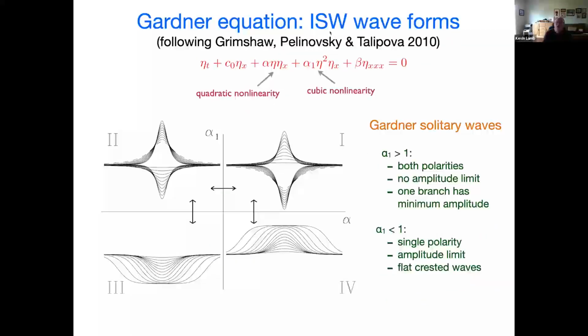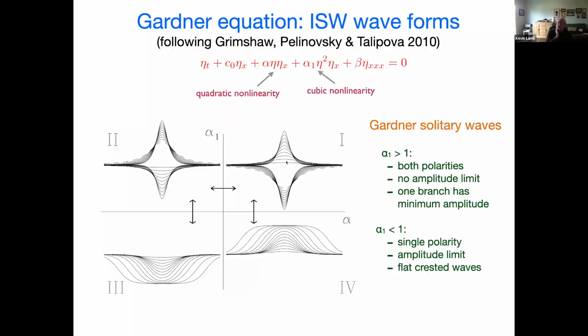For the Gardner equation, it's a richer sort of behavior. So now I've got the quadratic coefficient alpha and the cubic coefficient alpha 1. Suppose alpha 1 is positive. Okay, so the cubic coefficient is positive. If we look in the upper right quadrant here, I've got positive alpha 1. So both coefficients are positive.